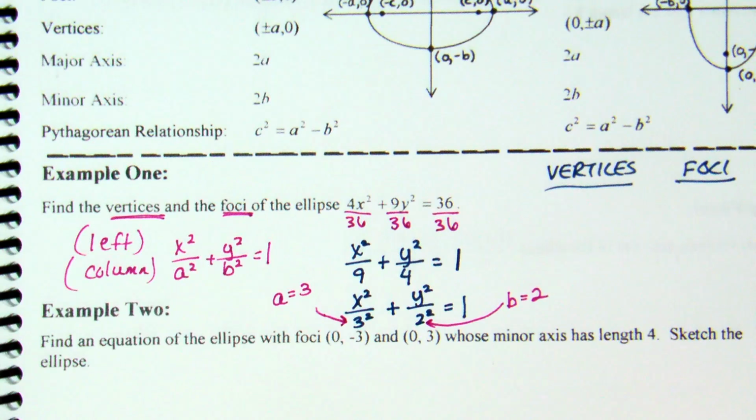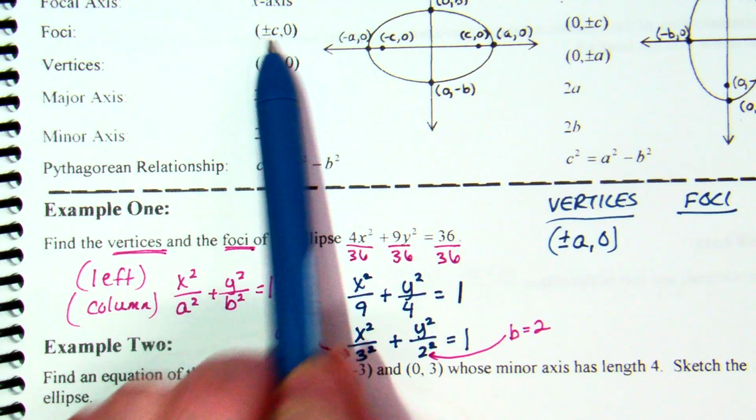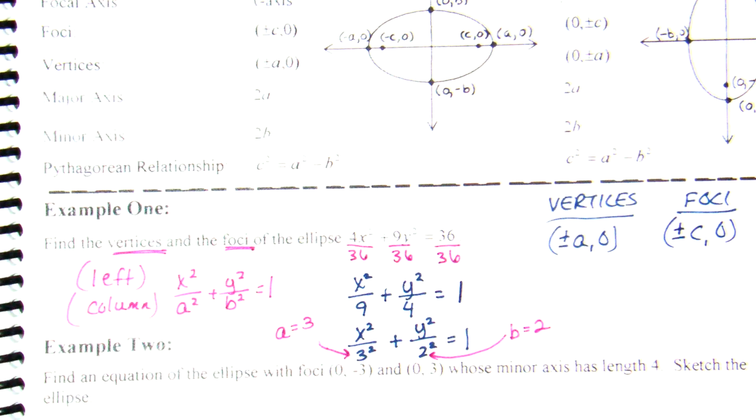Plus minus A and 0. Okay, right there, left column. Vertices, plus or minus A, comma 0. What does it say about foci? Plus or minus C, comma 0. My point there, I'm not doing anything fancy to find those formulas, right? They are right there in the chart. I just went up to the chart and I found them. Foci, vertices.